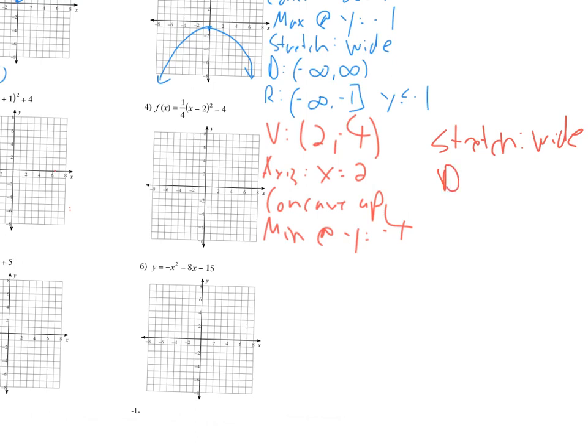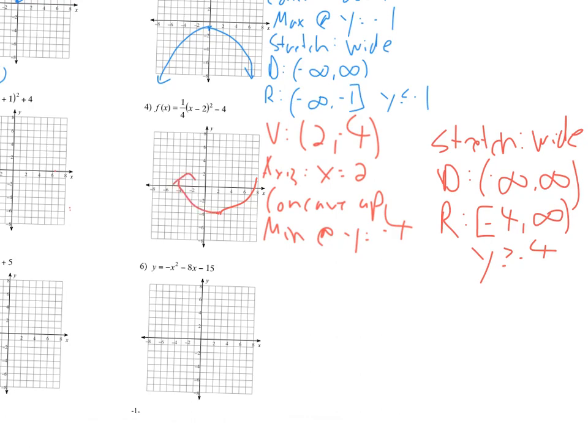Domain is negative infinity to positive infinity. And then our range is going to go from -4 to positive infinity, or y is greater than or equal to -4. And then plot this one. Something like that.